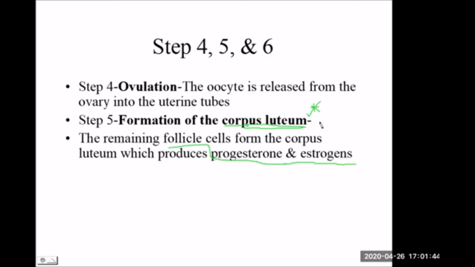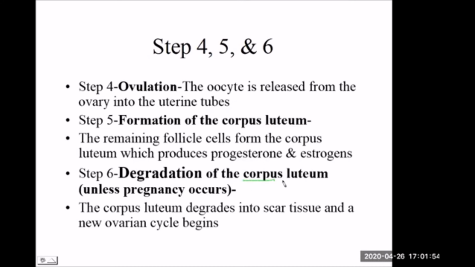If there's no fertilization, no pregnancy, the corpus luteum is again broken down, just at a faster pace, and that'll trigger a new cycle. The breakdown of the corpus luteum leads to a new cycle, starting with the primordial follicles developing into primary, secondary, tertiary, leading to another stage of ovulation. If there is a fertilized egg, if there is a pregnancy, hormones will suppress the triggering of a new cycle.